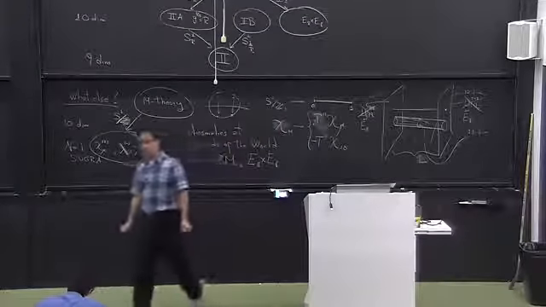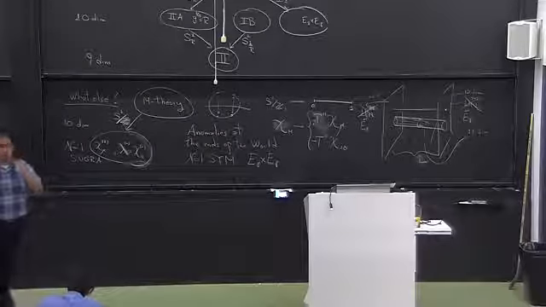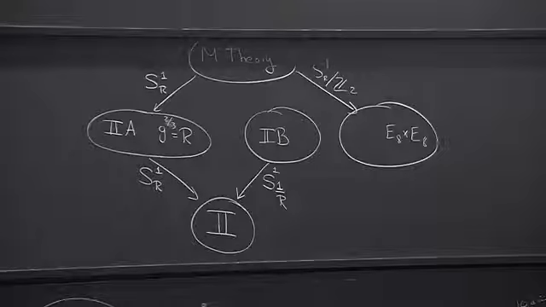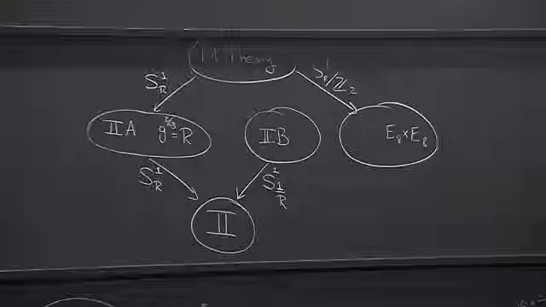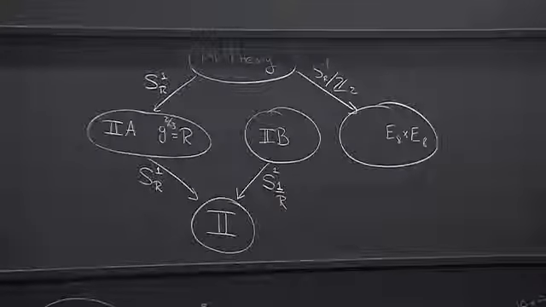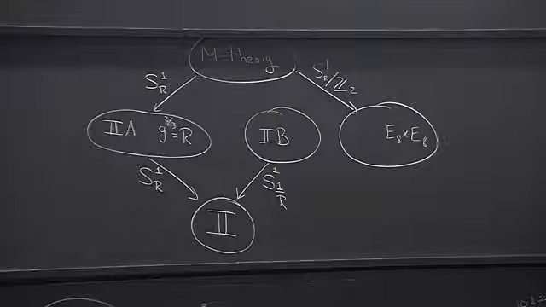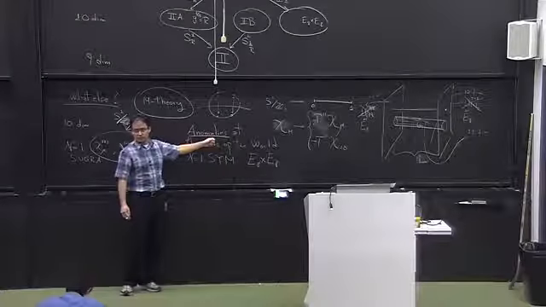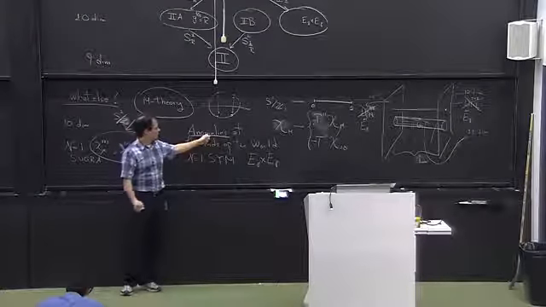Yes? Could you repeat why we got those gauge groups? Why, sorry? Why did we get those E8 or E1s? I didn't quite tell you. All I told you was that they discovered that there were anomalies, gravitational anomalies, that had to be cancelled.